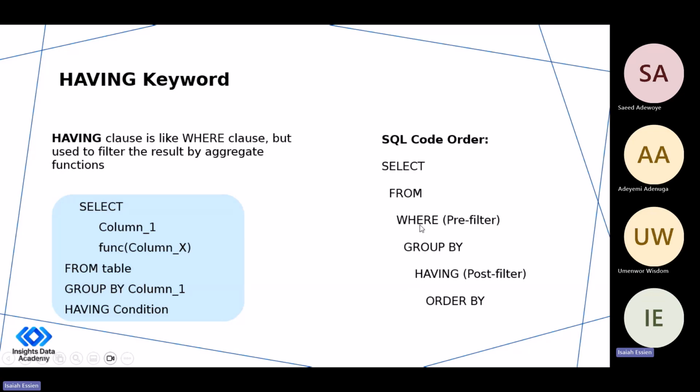But how do you write the order of this code? Because the order matters. So you start from your normal SELECT, FROM, WHERE, which is normal SQL syntax, then followed by GROUP BY before you have your HAVING. Then lastly, you have your ORDER BY.